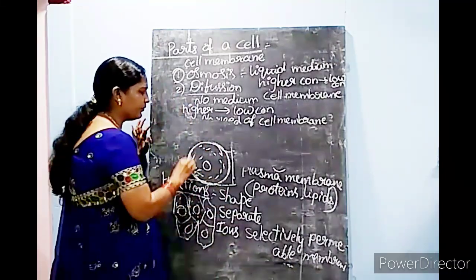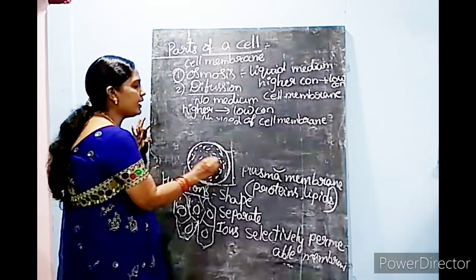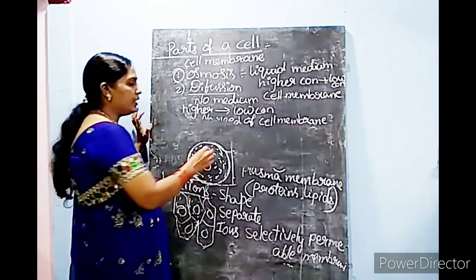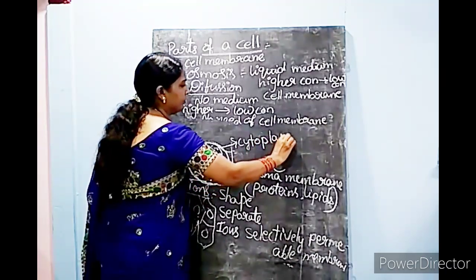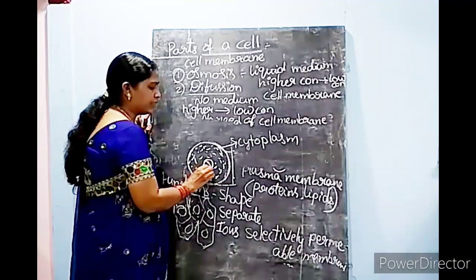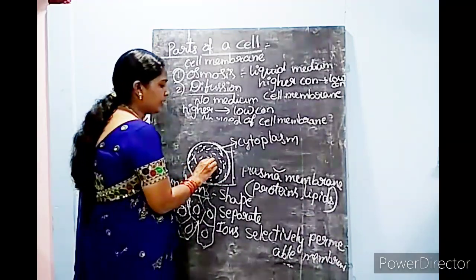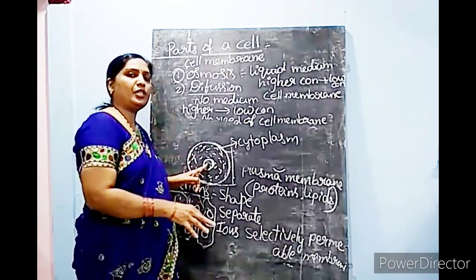What is that? That is the dense jelly-like structure known as cytoplasm. This cytoplasm is present between the cell membrane and the nucleus. The nucleus is located at the center of the cell.